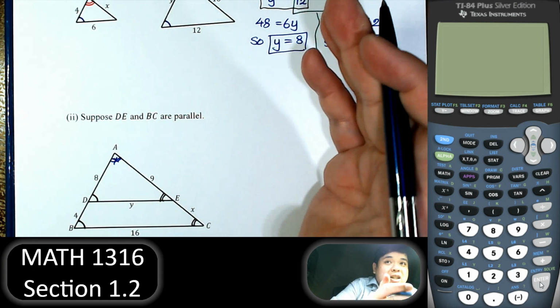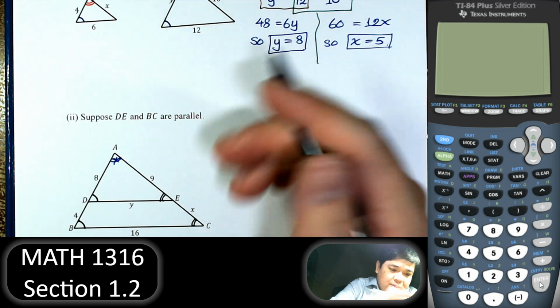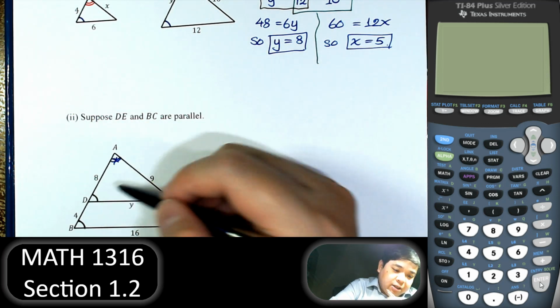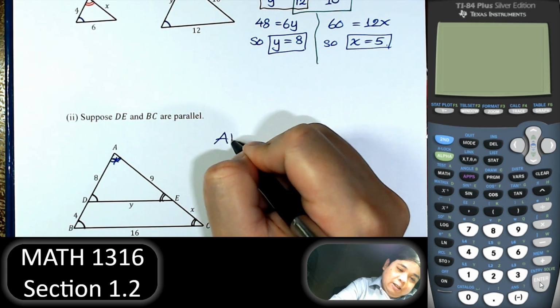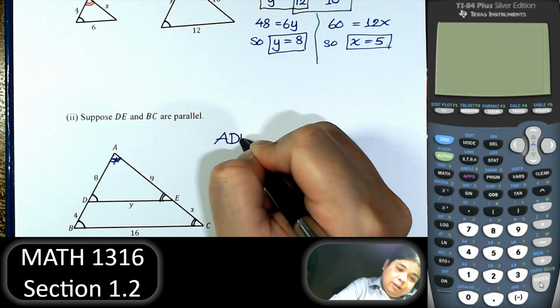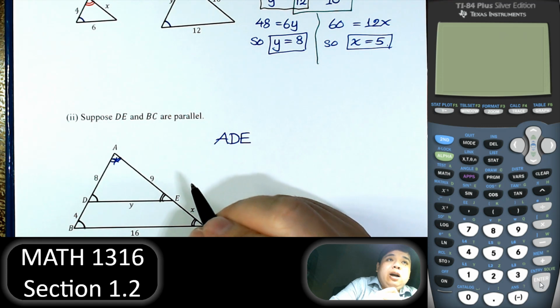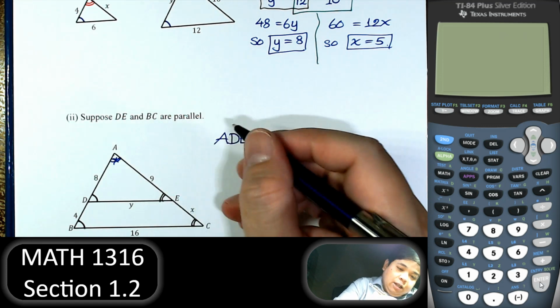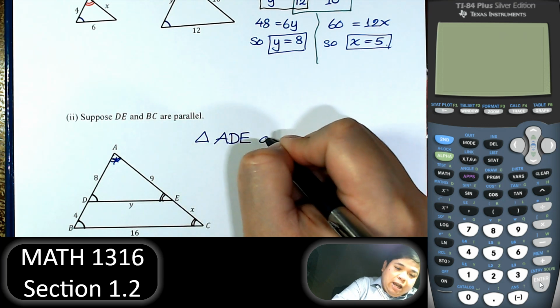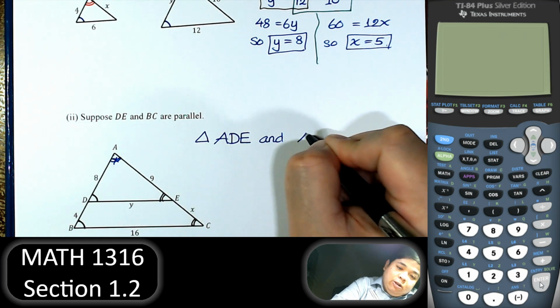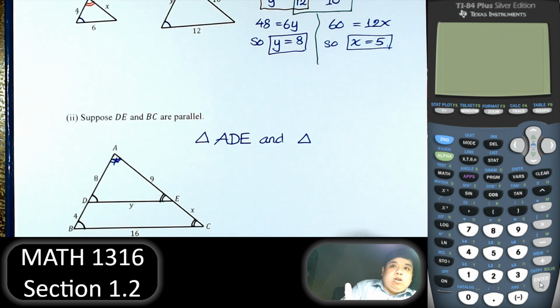Now we have to write the corresponding vertices carefully. So we say triangle ADE and triangle ABC. Now we write the corresponding angles.